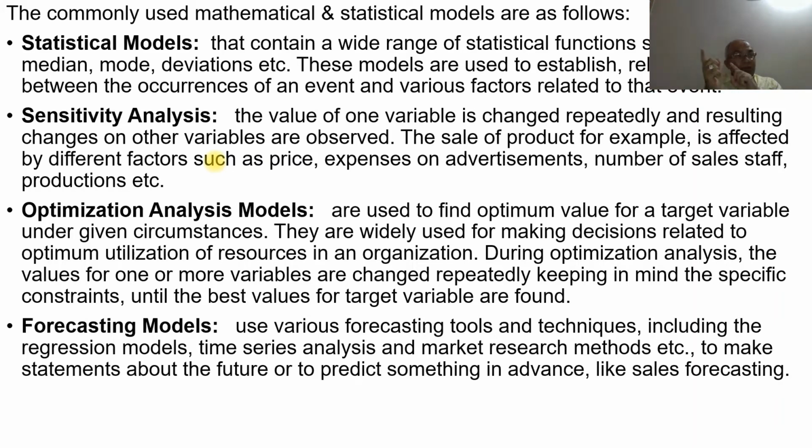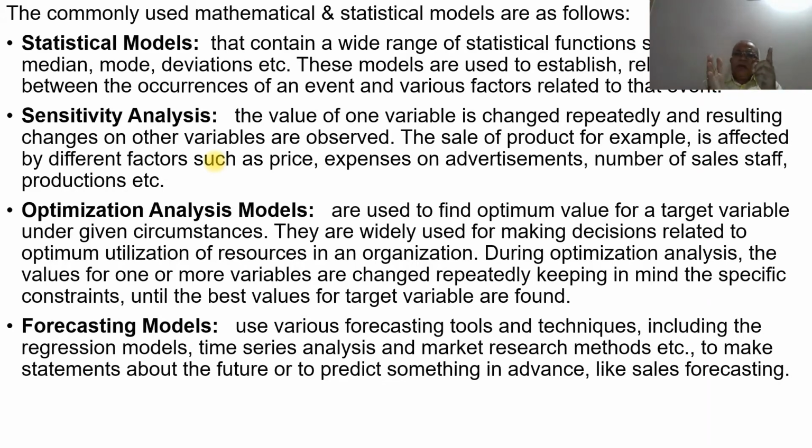Then the expenses on advertisements, who all will be involved in the sales staff for the selling of products, and then the production, etc. So these are the main things which will be considered if you want to fix the sale of the product.